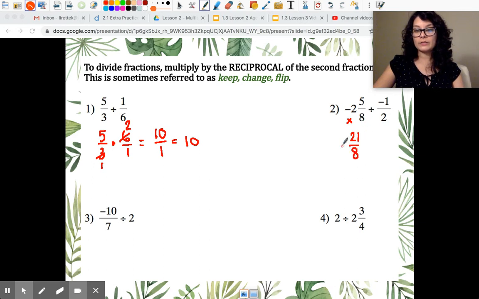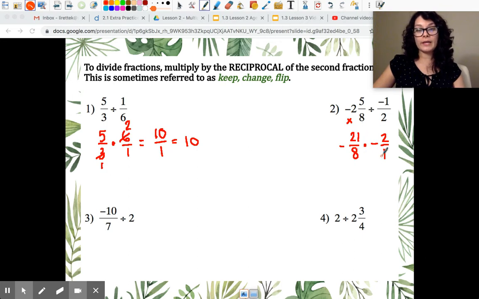My denominator stays the same, the sign stays the same, and I change the division to a multiplication, and I flip the second fraction upside down to give me a negative, not -1/2, but -2/1.